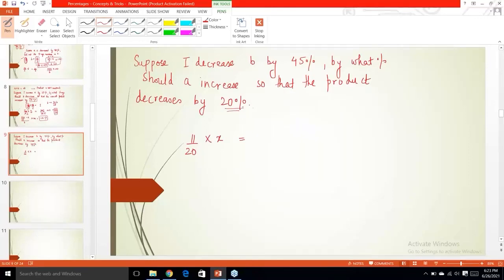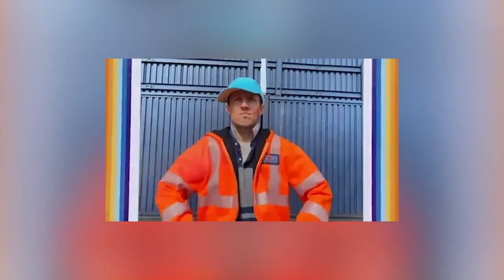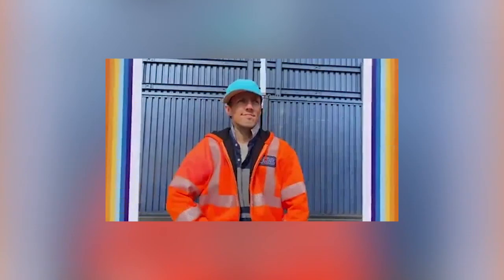If it decreases by 20%, it becomes 80% of 1. So 80% is 4 by 5, right? So your x is 16 by 11, right? Which means that A should change from A to 16A by 11, right?